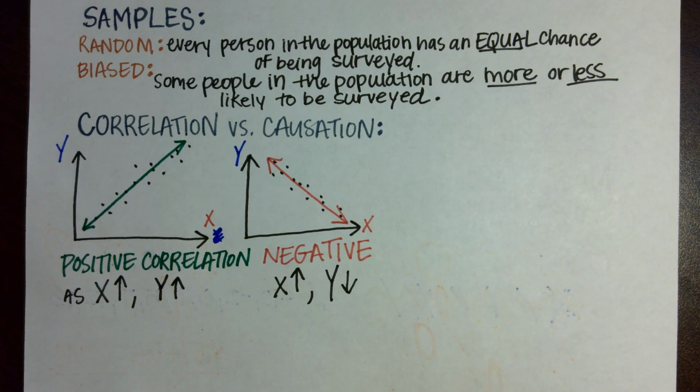So correlation only has to do with what we can see the variables doing. It's their behavior. How are they moving and how consistent is it? Causation is less of a mathematical thing and more of a reasoning topic. We need to reason, is this why they're moving in the same way?